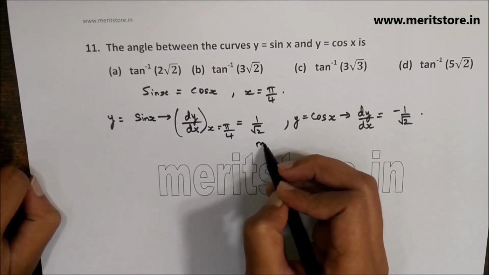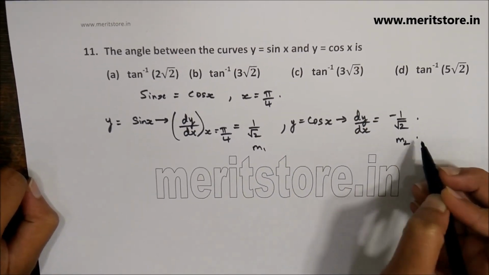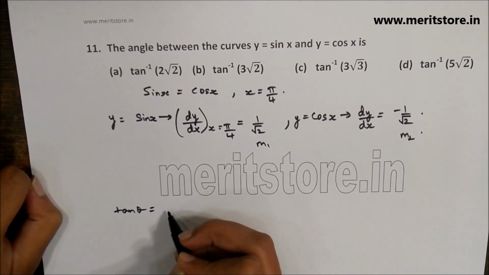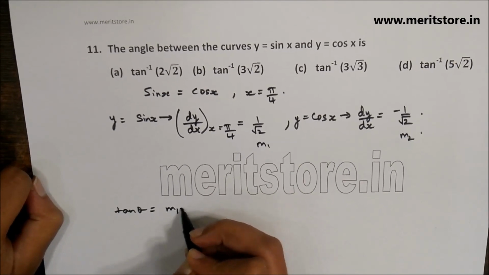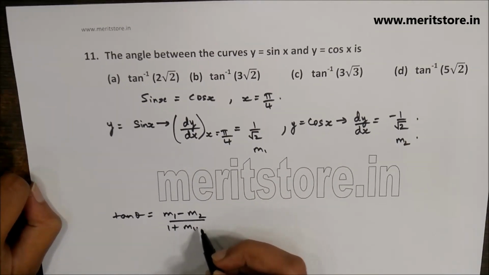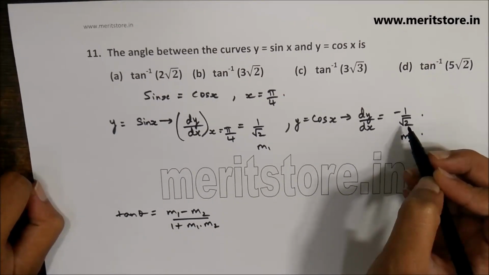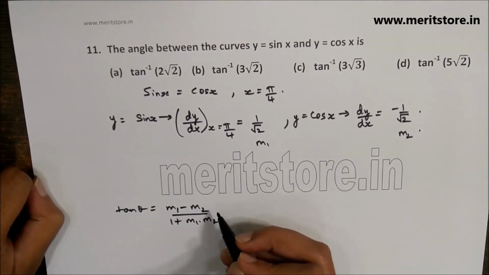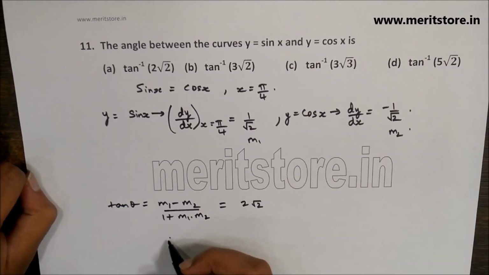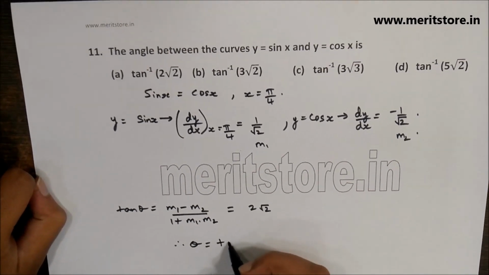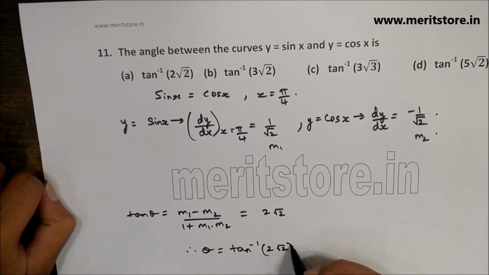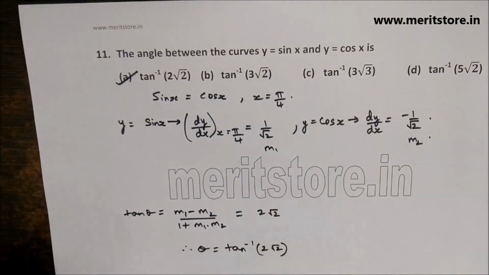So this is our m1, this is our m2. Tan theta is the angle. Formula is m1 minus m2 upon 1 plus m1 into m2. Substituting the value of m1 and m2 and solving, we get 2 root 2. Therefore, theta equal to tan inverse of 2 root 2. Option A is the correct option.